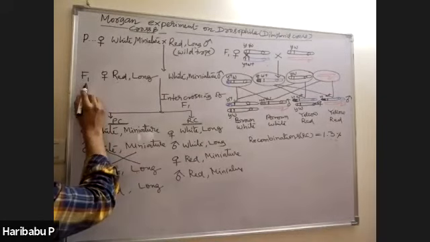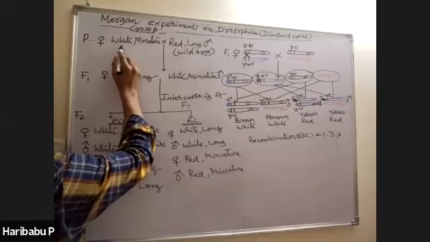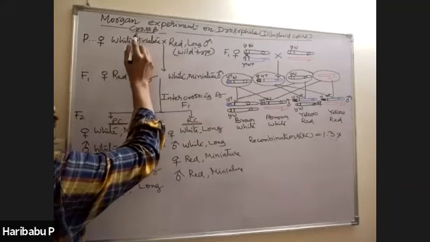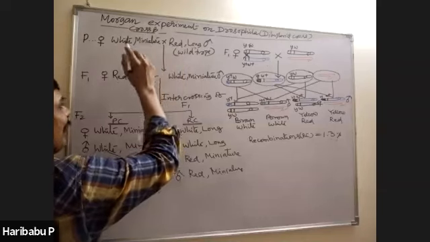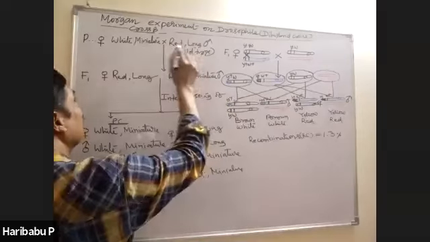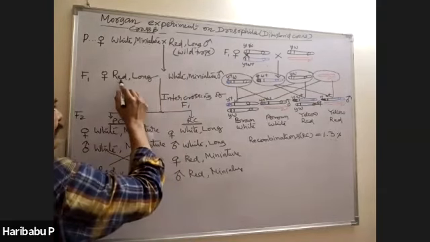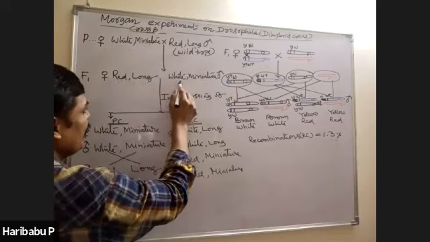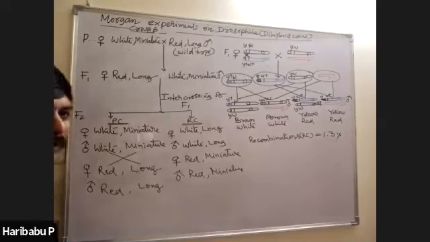So here he crossed white-eyed miniature winged flies with red-eyed long winged flies. In the F1, red-eyed long winged female and white-eyed miniature winged male were obtained.